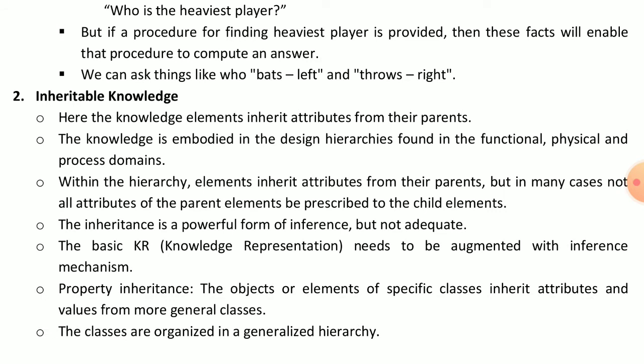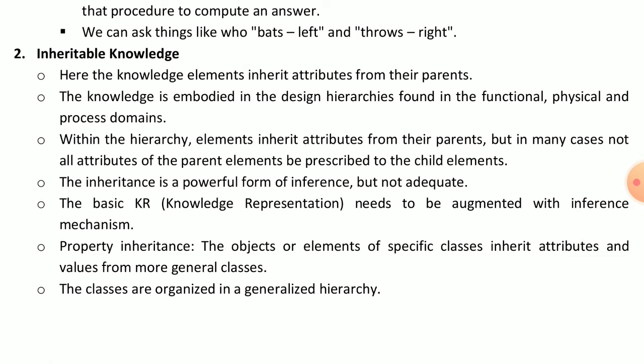Now I will start the second scheme of knowledge representation, which is named inheritable knowledge. Here the knowledge elements inherit attributes from their parents. In Java, you can learn what is an object, what is an attribute, and how we can inherit the attributes.